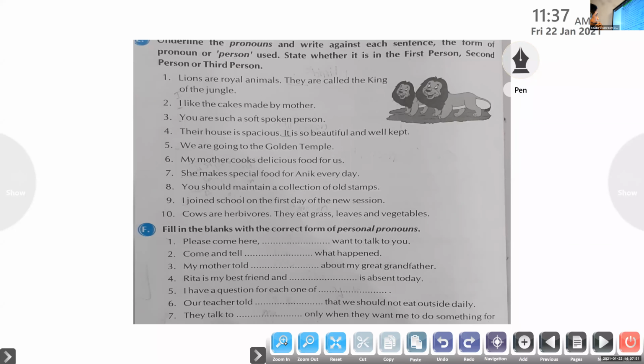Lions are royal animals. They are called the king of the jungle. Okay, lions are royal animals. They are called the king of the jungle. Now, Meenakshi Anu, pick out the pronoun from the sentence.